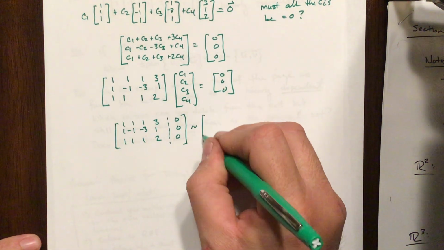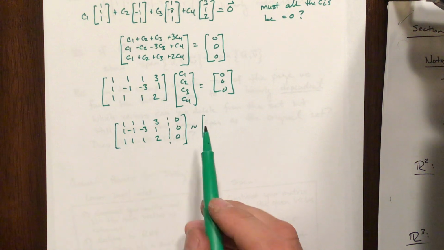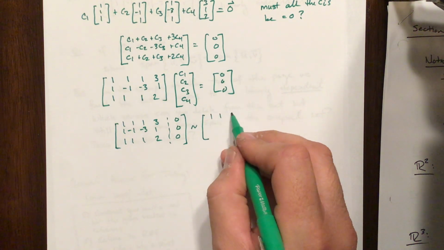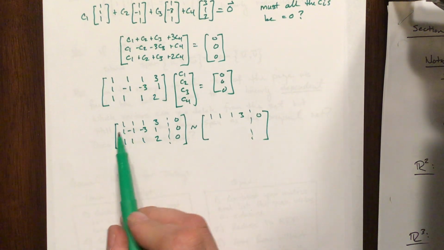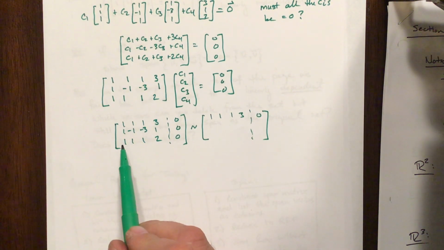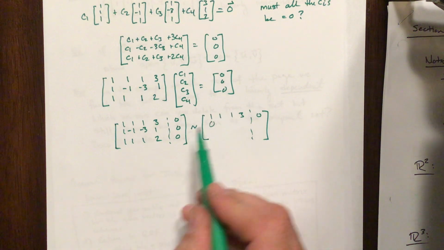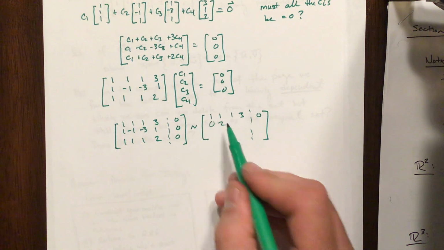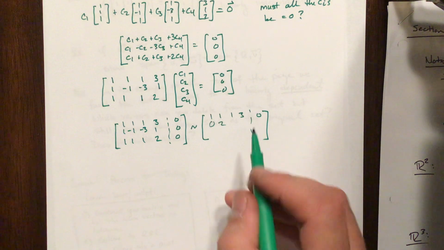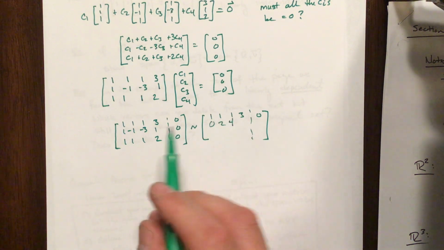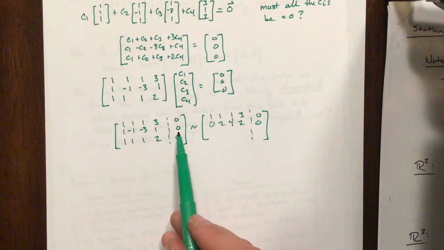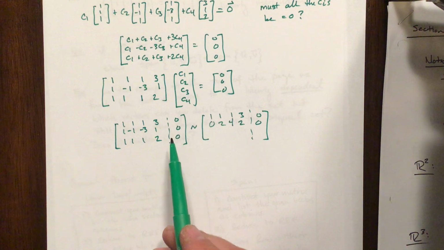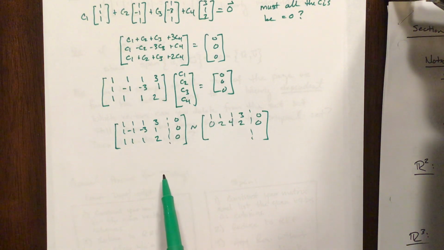So let's row reduce. Let's leave row 1 alone: 1, 1, 1, 3, 0. Let's subtract row 1 and row 2 and make that our new row 2. So 1 minus 1 is 0, 1 minus a negative 1 is 2, 1 minus a negative 3 is 4, 3 minus 1 is 2, and no matter what I do to this side, the augmented column is always going to be 0.